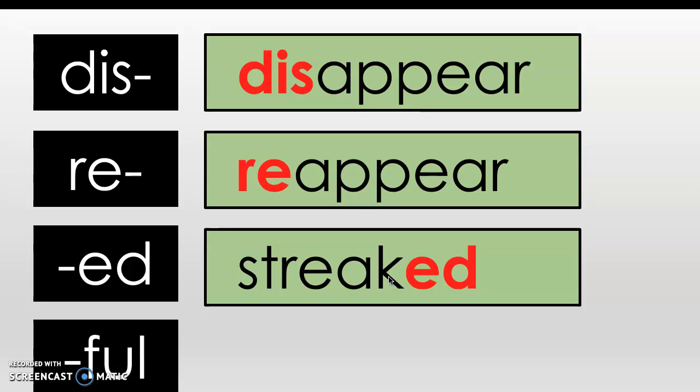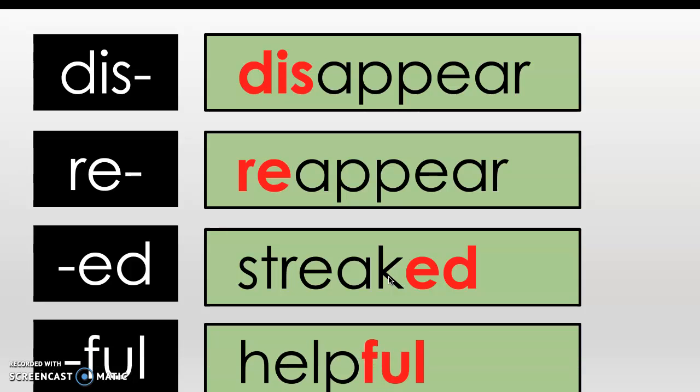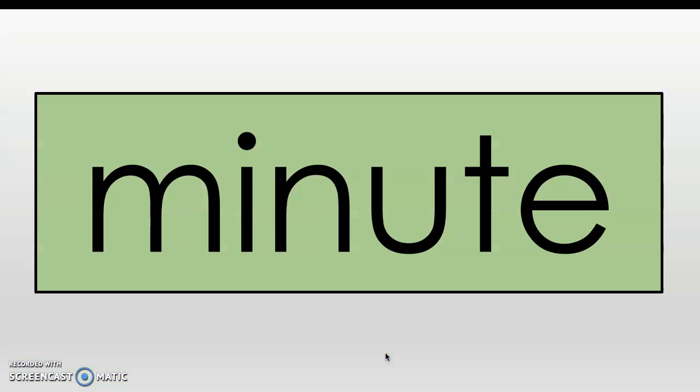In our suffix of full, which is full of, let's see, helpful, full of help, I could say Adriana was very helpful at home by emptying the dishwasher for her mom. So helpful means full of help. Great job. All right, here we go.